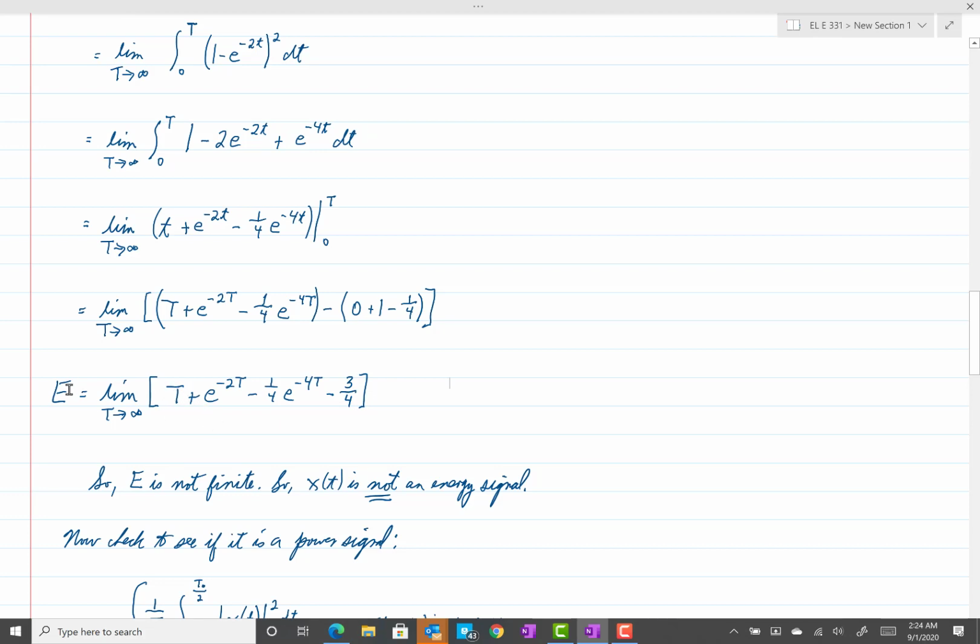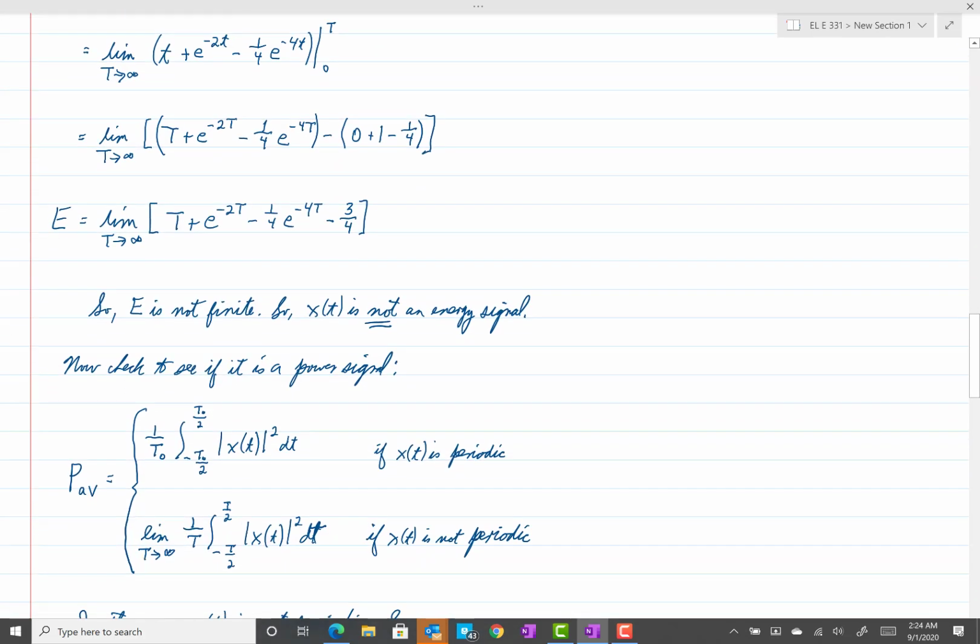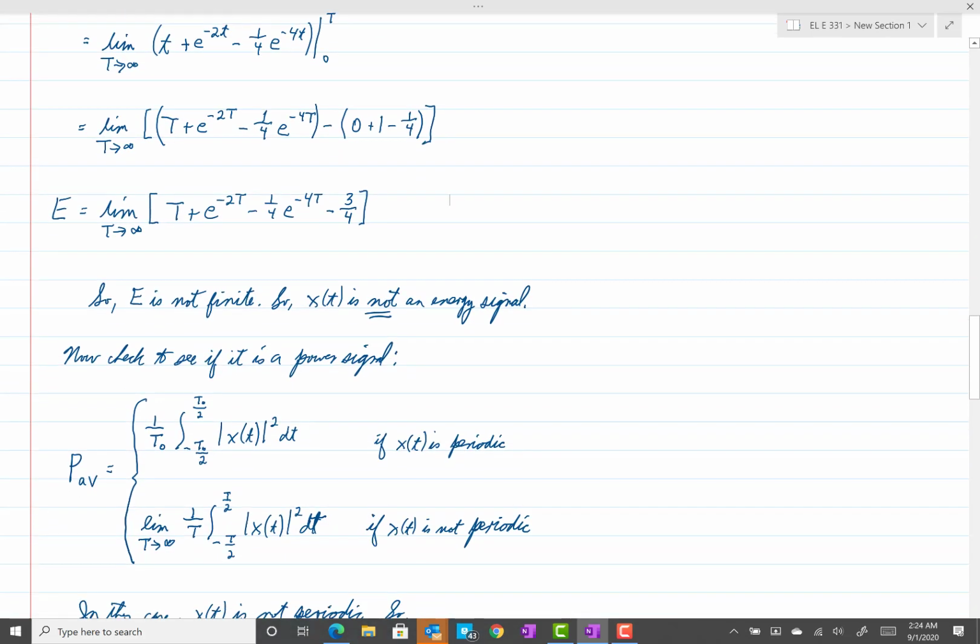So E is not finite in this case, and therefore this x of t is not an energy signal. So the next thing to do is to say, if it's not an energy signal, is it a power signal? And to determine that, we have to see if the average power is finite.